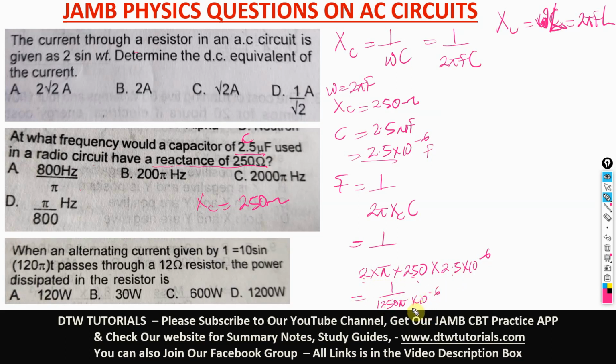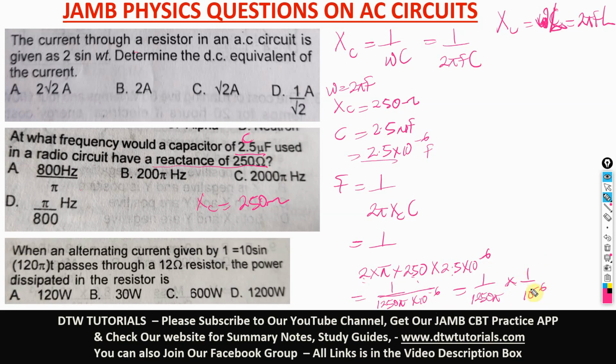I hope I'm not mixing scientific notation and standard form. In scientific notation, that's 10 raised to the power minus 6. Let us now split it: this is 1 divided by this and this. So we have 1 over 1250 pi, still times 1 over 10 raised to the power minus 6. This statement is still the same as this. Now, when you have 1 divided by 10 to the negative 6, it gives you what?